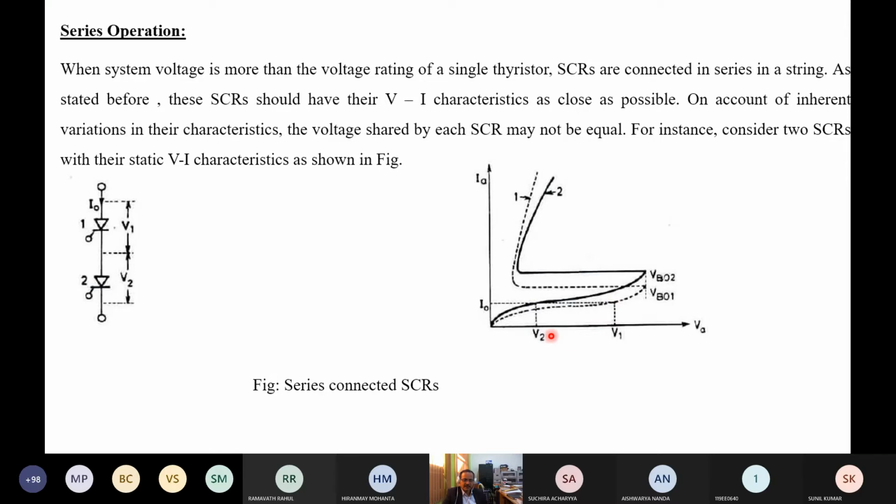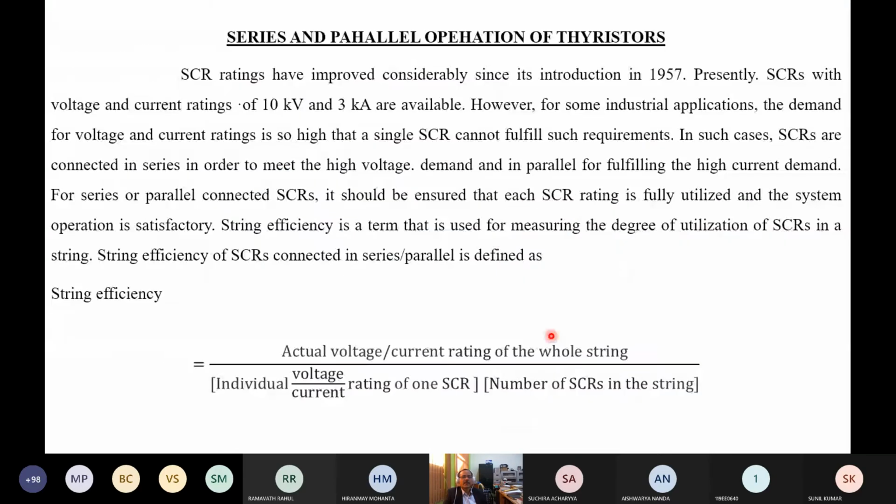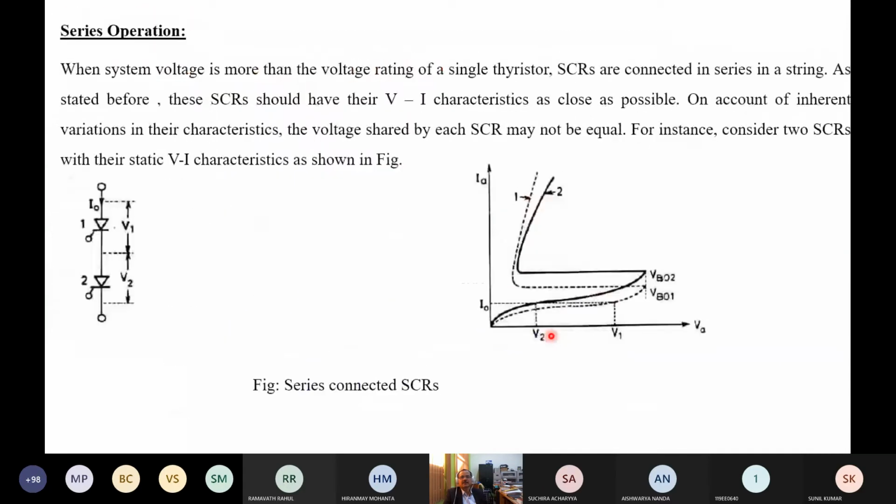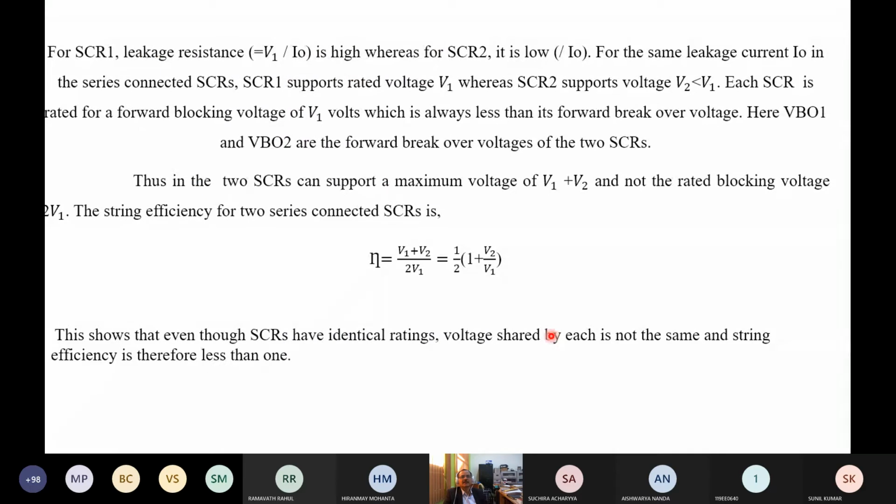The definition of string efficiency is the actual voltage or current rating of the whole string divided by the individual voltage or current rating of one SCR times the number of SCRs in the string. Okay. So the string efficiency is given by V1 plus V2 over 2V1. This shows that even though the SCRs have identical ratings, the voltage shared by each is not the same, and therefore string efficiency is less than 1. Okay.